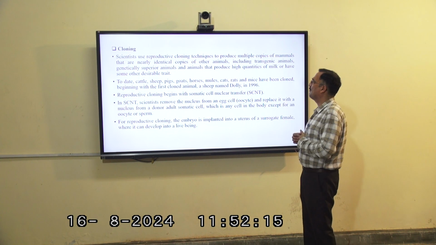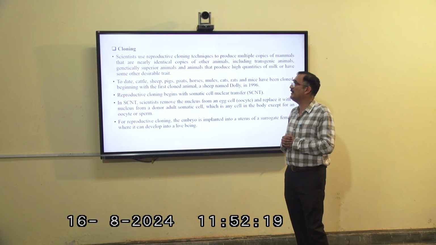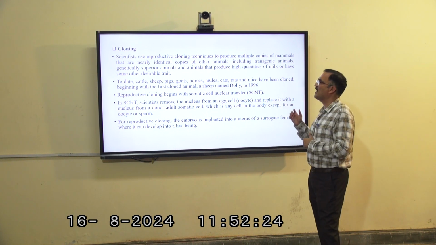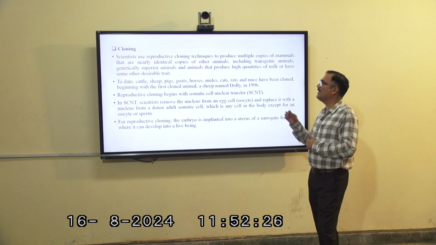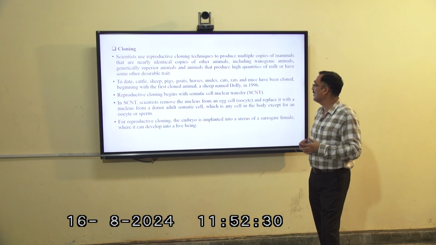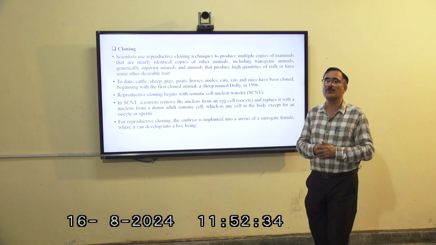Scientists are making multiple, nearly identical copies of mammals, including transgenic animals, genetically superior animals, and animals that produce high quantities of milk or certain metabolites that have various uses.